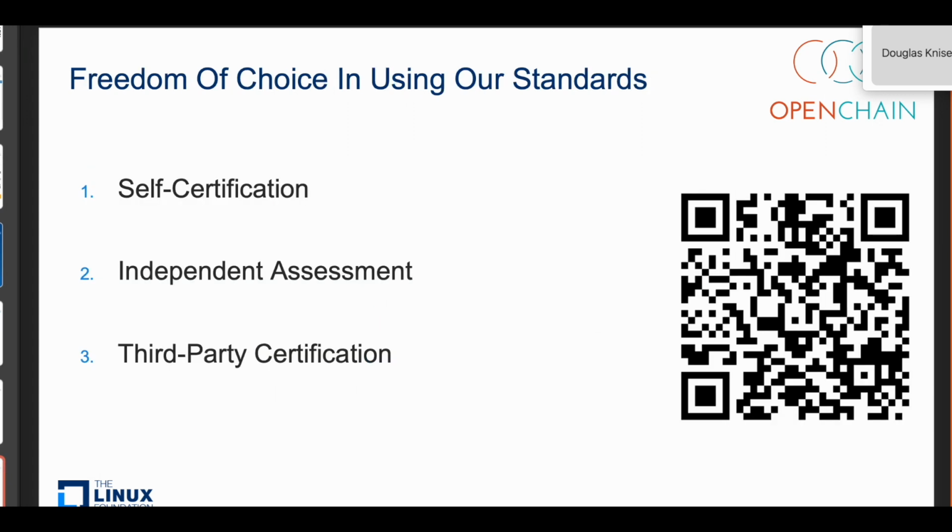Now in the case of our particular standards, we are making ISO standards. We're supporting the adoption through three different things: self-certification, independent assessment, and third-party certification. Depending on your market needs, you will make different choices. In some markets, third-party certification is obviously very important. In others, self-assessment is more than sufficient.